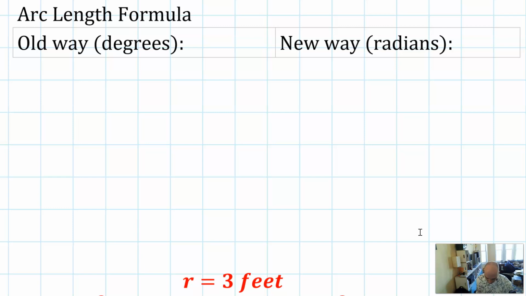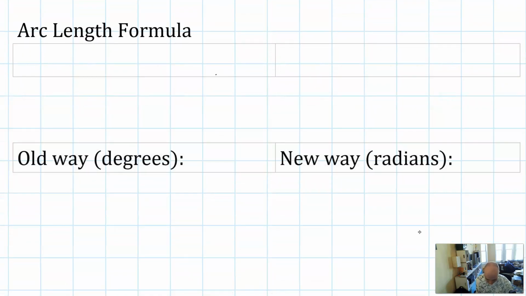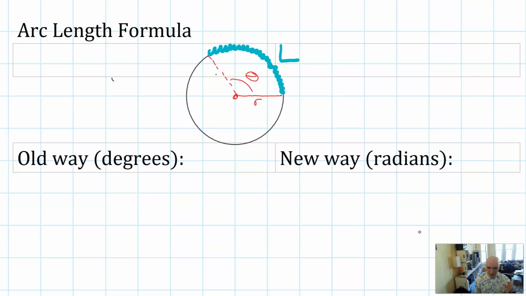So arc length, of course, is something that you've maybe seen in a geometry class. It's basically saying that if you have a circle of radius r, and you have some central angle, theta, that in the past has been in degrees, then the physical measured length of this arc, length L, can be solved for.